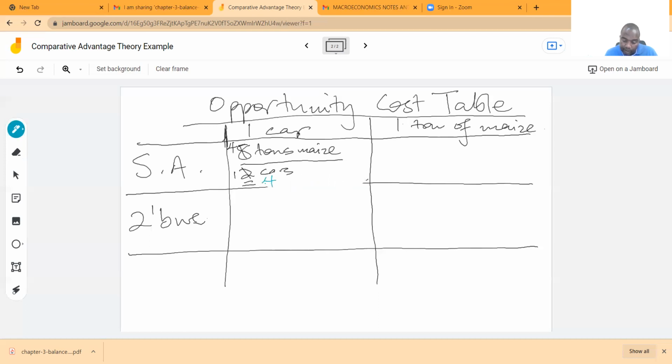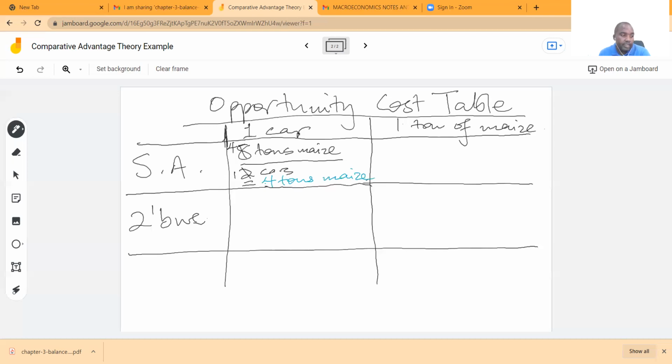It's 4 tons of maize. So from the heading on top of that, it's saying what's the opportunity cost of producing 1 car? It is 4 tons of maize. And then in the same way, we ask ourselves, what is the opportunity cost of producing 1 ton of maize?